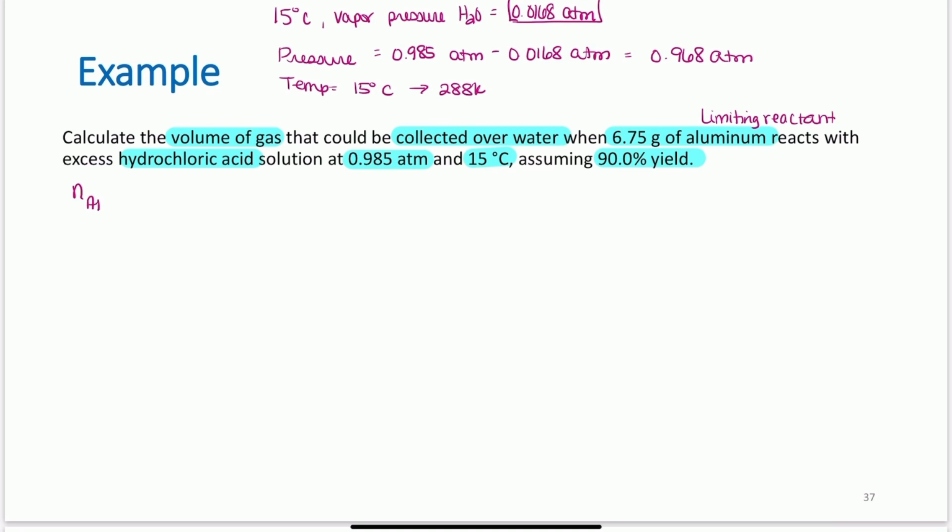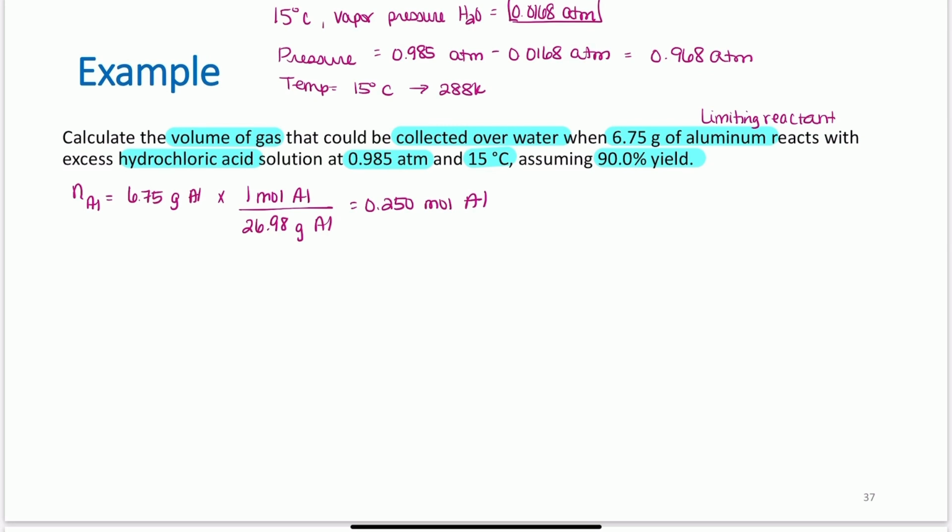So number of moles of aluminum, I've got 6.75 grams of aluminum times 1 mole of aluminum. Aluminum weighs 26.98 grams per mole. Let me check that number quick. 6.75 divided by 26.98 gives me 0.250 moles of aluminum.